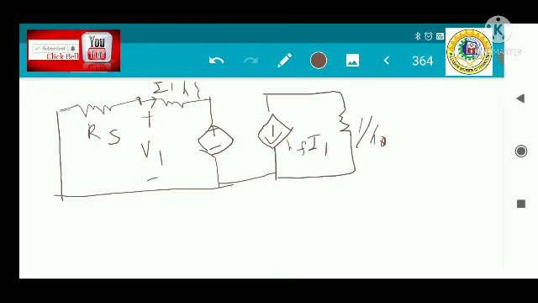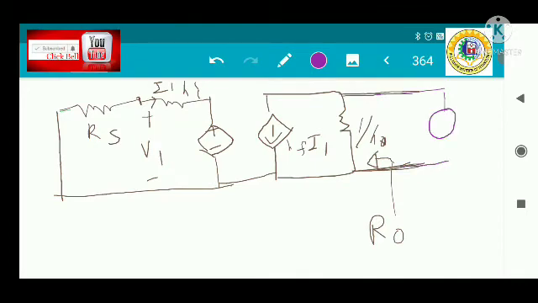And now there is a trick. We just want to calculate the output resistance. Okay, so for that purpose we remove the load resistance. We are looking at the output resistance from here, R0. Okay, this is your R0. So likewise in the network theorem, whenever we want to calculate the output resistance, we remove the load and connect a DC voltage source and short circuit the other independent sources.